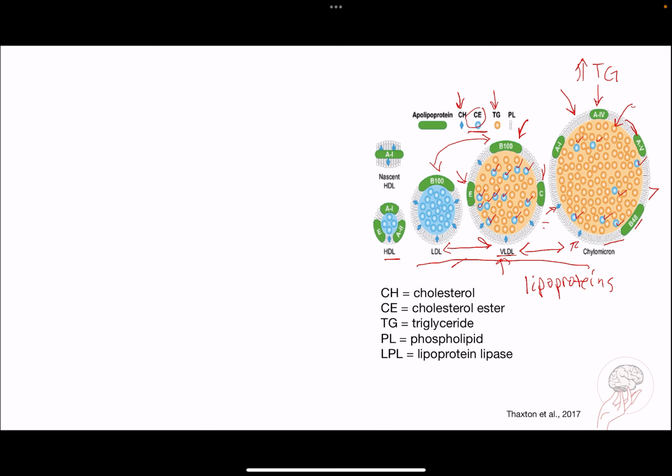All right, if we look at an LDL compared to a VLDL, in this one the LDL has no triglycerides. The LDL particle has only cholesterol esters, all blue. So that's why the LDL is what we measure when we measure cholesterol.